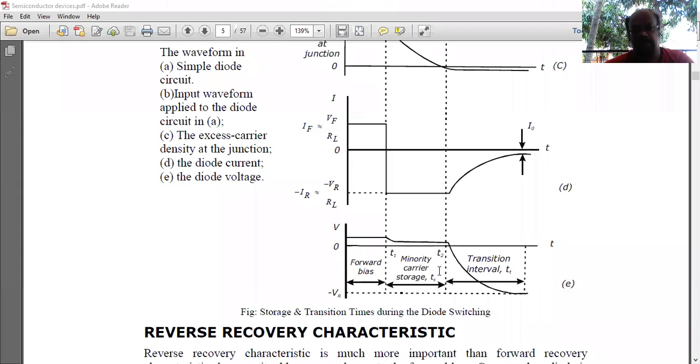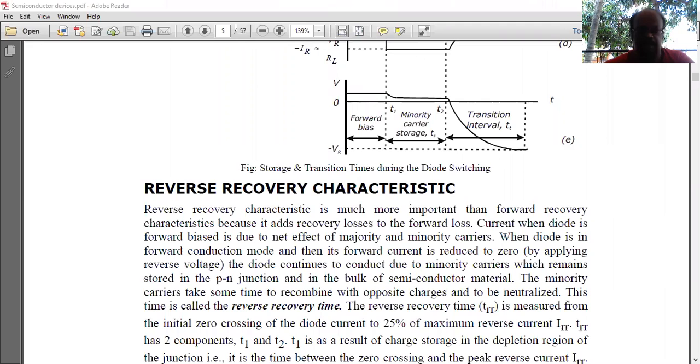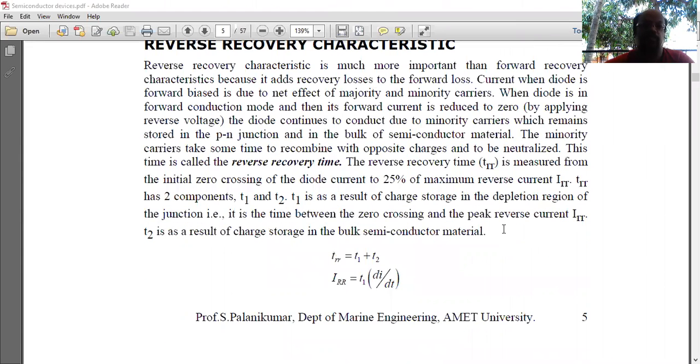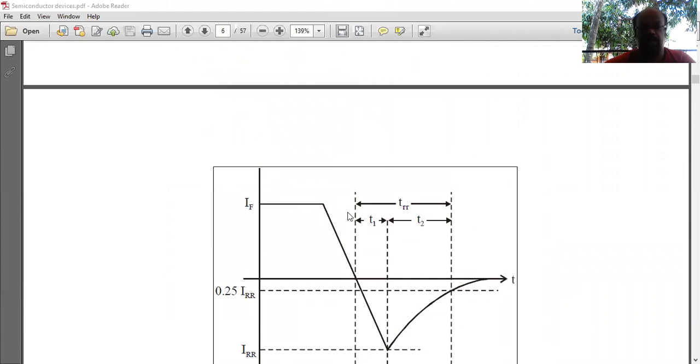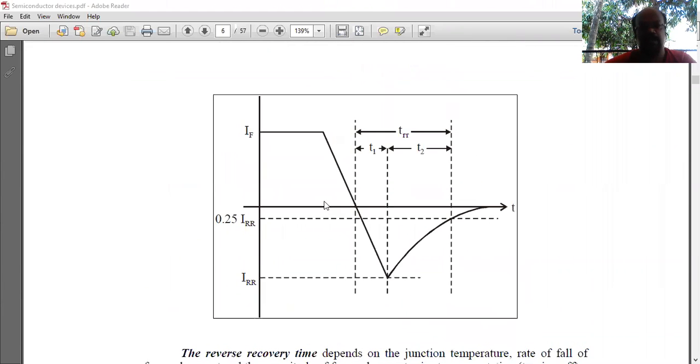So there is forward bias, minority carrier storage, and a transition interval. But reverse recovery is more important because the reverse recovery current or time TRR contributes much towards the switching losses.